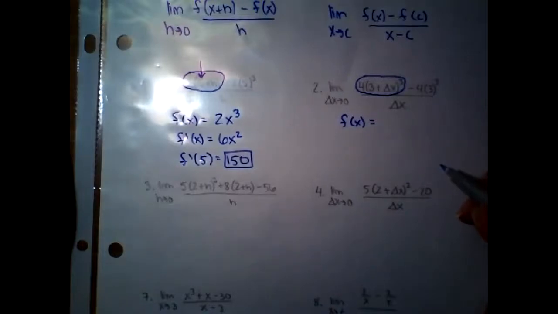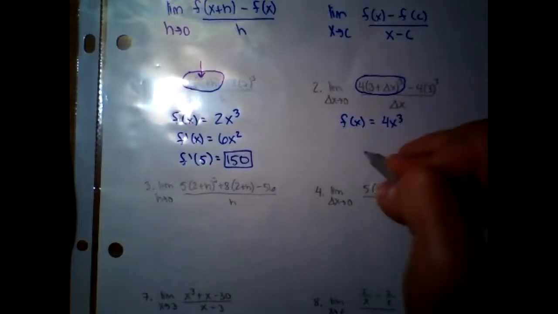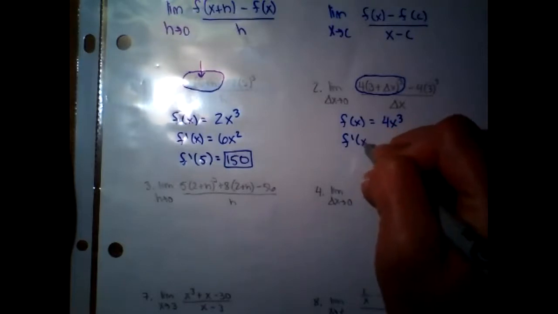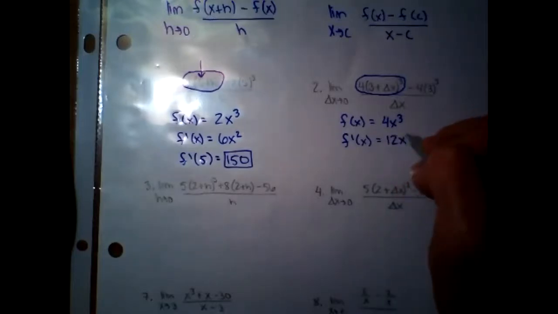Yeah, cool. You guys are just allowing Otis to be your spokesperson for the class for today. All right, 4x cubed. And so somebody different, what is that derivative going to be? Good, cool, nice. 12x squared.